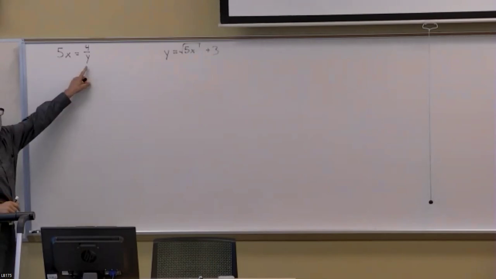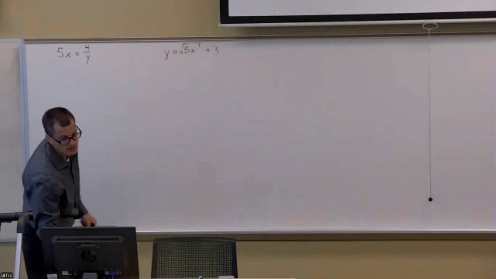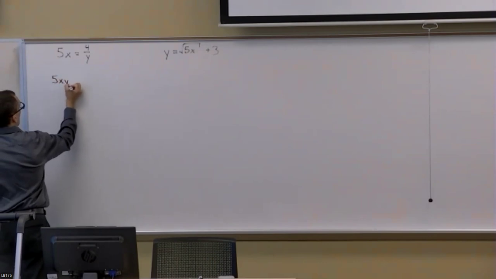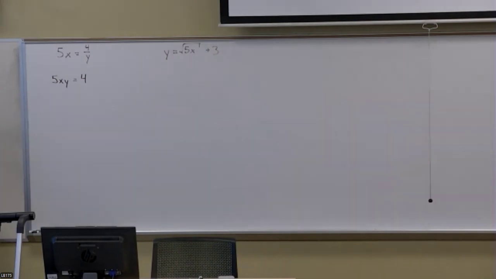One way is to multiply both sides by y. If I multiply both sides by y, I end up with 5xy equals 4. And that's not linear because my variables are multiplied times each other.